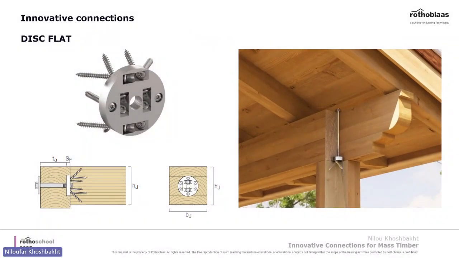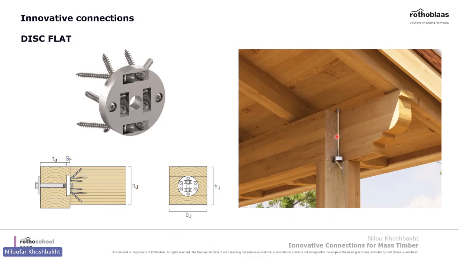All right, we covered the screws, and now let's look at our connection systems that also utilize screws. This is one of our innovative connections called Disc Flat, which utilizes the screws straight and at different angles. As you see, this is one of the usages of it.